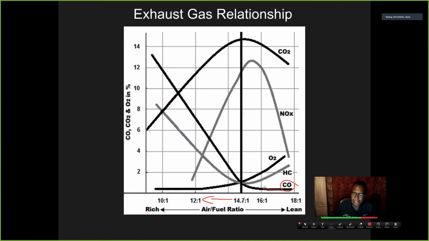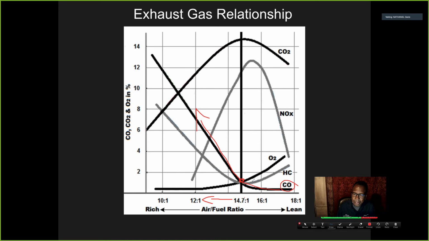So at 14.7 to 1 is okay. But as soon as it gets less air for any reason, it goes up. Goes rich. So high CO is an indication of too much fuel, either not enough air or too much fuel. You have a CO condition.